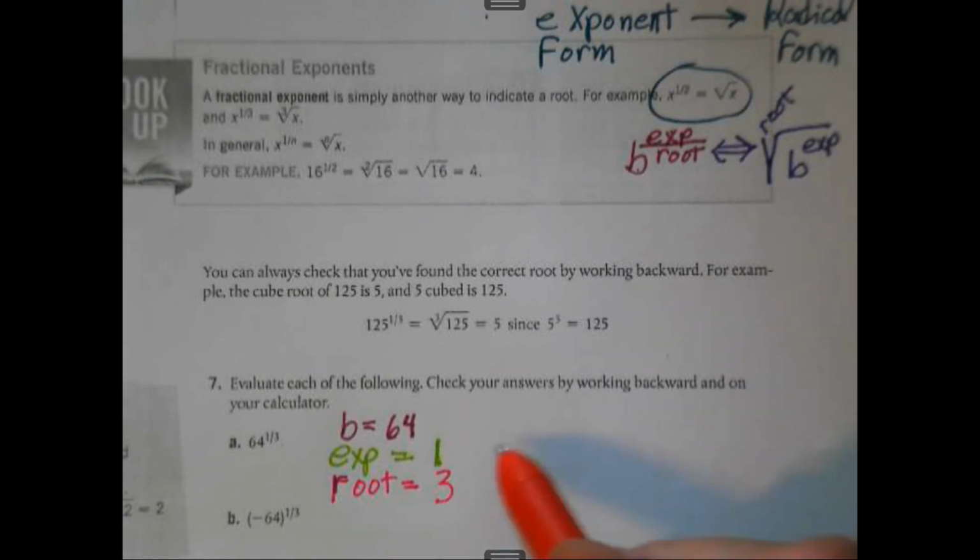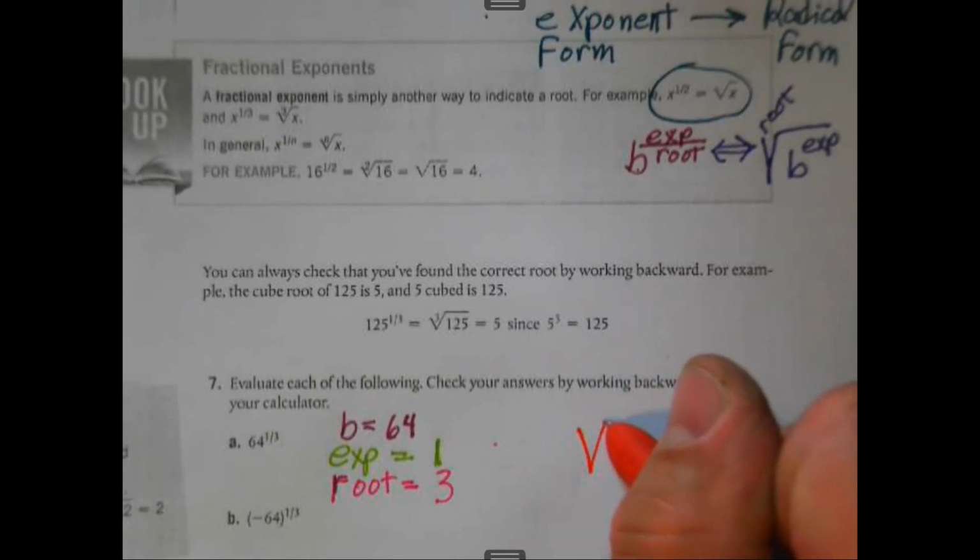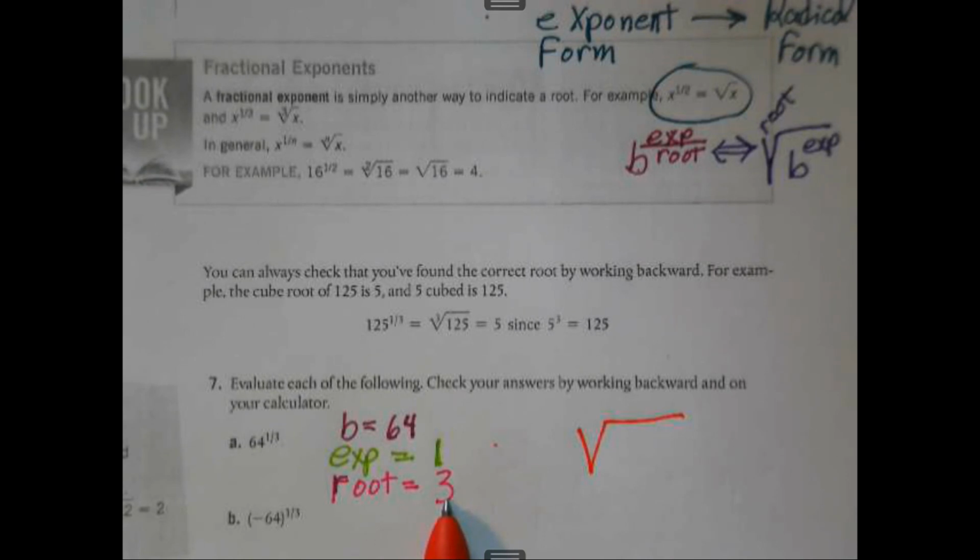So to change that to radical form, well, I got to have my radical. My root is 3, goes in here. My base, 64. And then my exponent was 1. So 64 to the 1/3 is actually the cube root of 64 to the 1st.